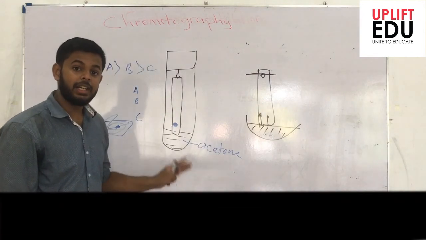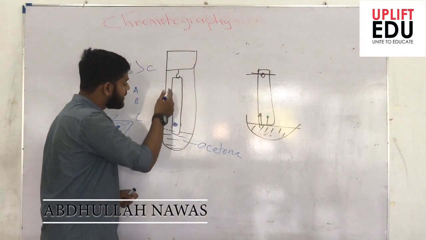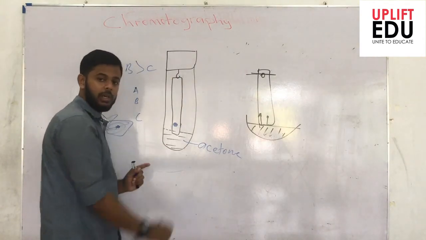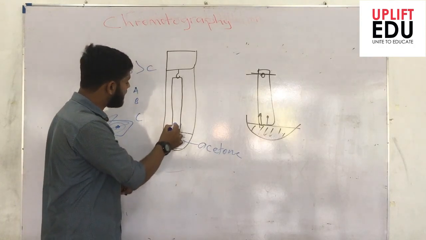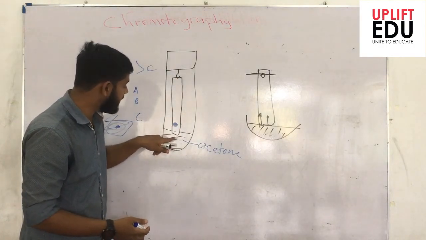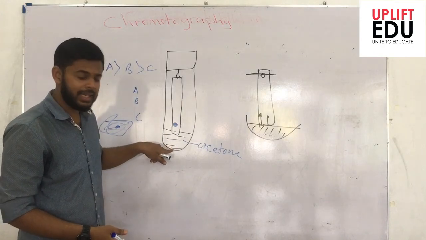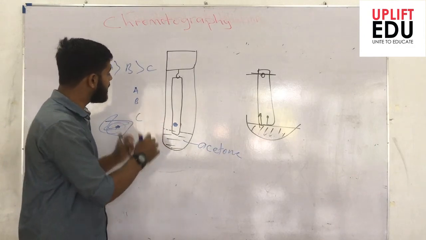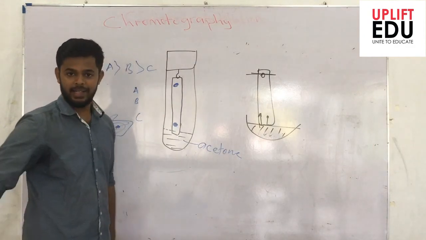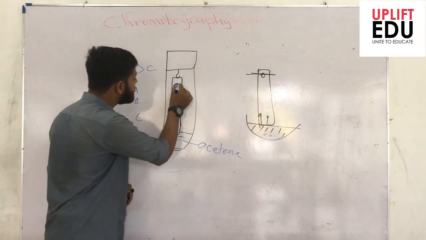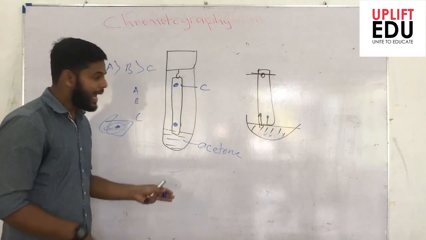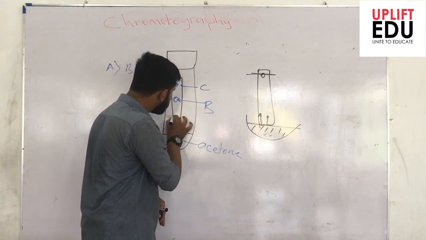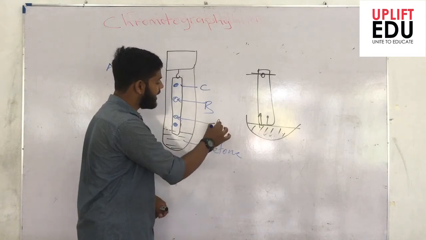Based on the attractive force of these components, the velocity of moving upward, dissolved in the acetone or ketone, whatever we are keeping here, will be different, right? The component which has a lower attractive force with the paper will have a higher migration or higher movement. So this component will be C, right? And the other component that has a lower movement, we call it B, and the one which has the lowest migration, we call it A, right?